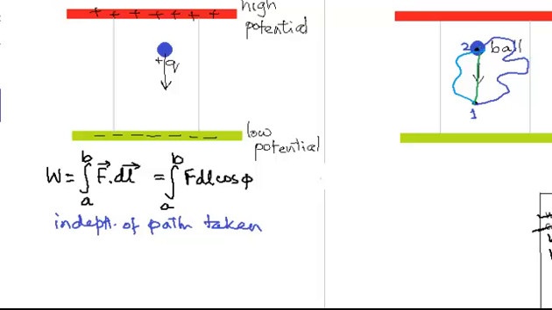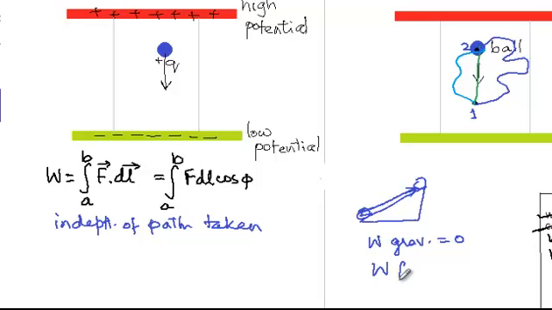See, an example of a non-conservative force will be friction. Say you move a particle, this is an inclined plane and this is a rough inclined plane, and you move an object from here to the highest point here, and then you bring it back over here. Now, the work done by the gravitational force in this case will be 0 because the net displacement is 0.